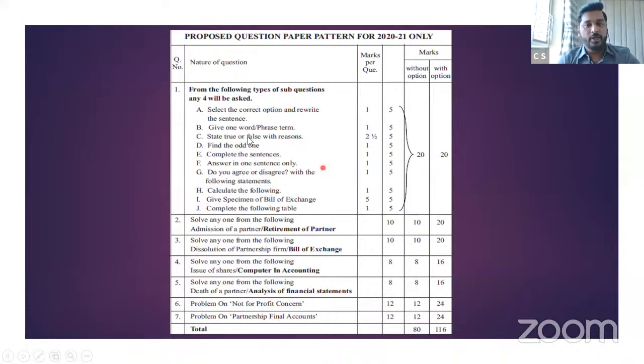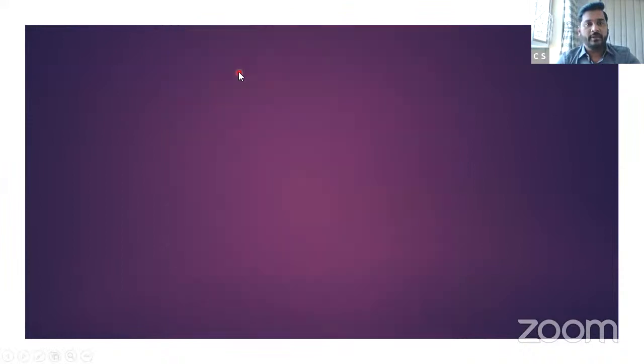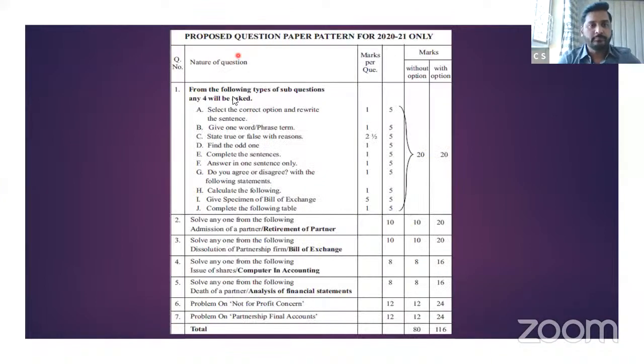20 marks, that is almost 25% of your paper, would be for only objective type questions. There are different sets of objective type questions, but probably a few selected ones may be asked, like select the correct option, give one word, true or false statement, find the odd one, and complete the statements.